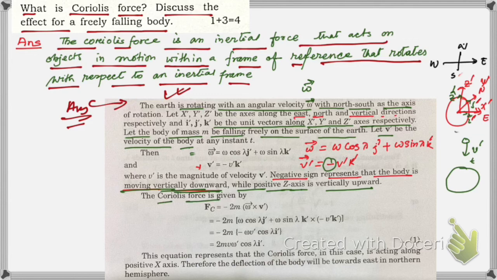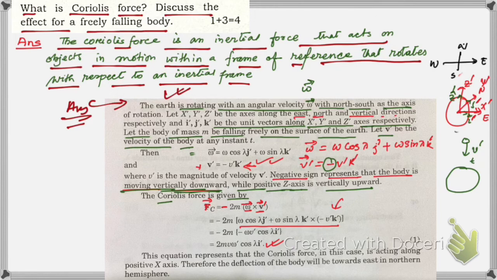So the Coriolis force is given by Fc, this one. Fc is equal to minus 2m omega cross v dash. So you have understood this. Now if you put the omega from this equation, and put v also from this equation, then you will get this result.